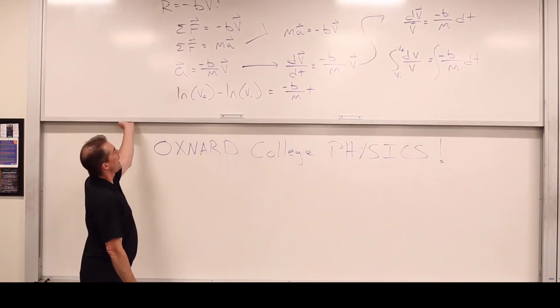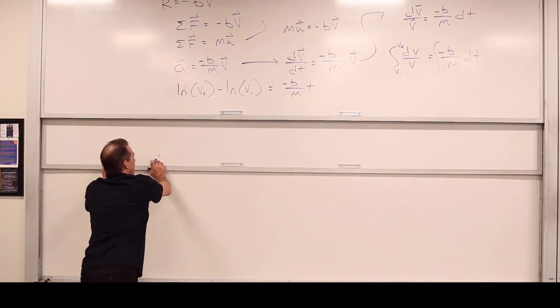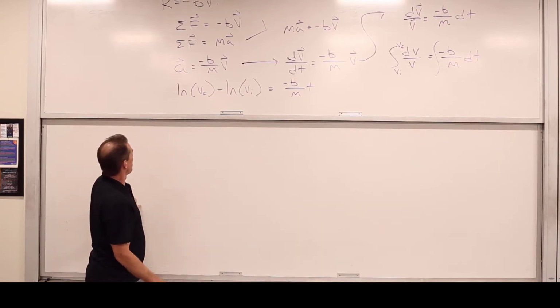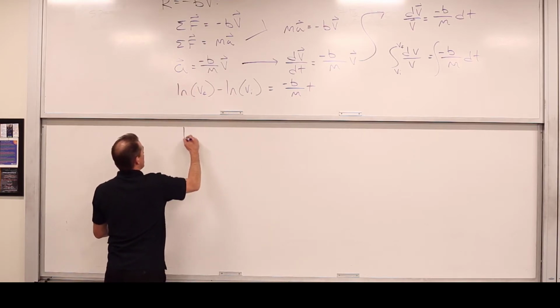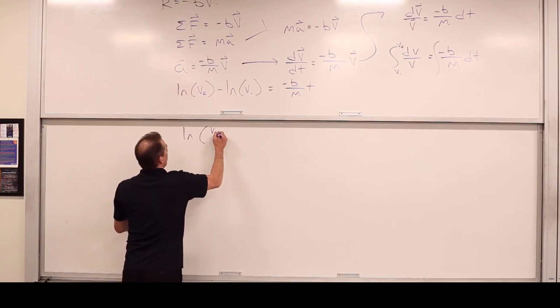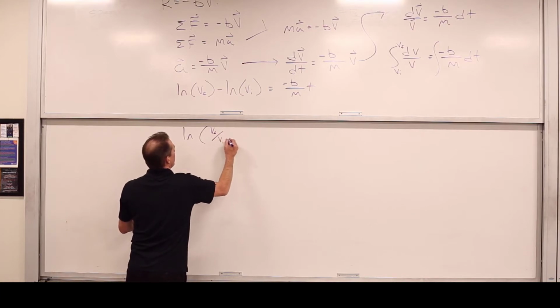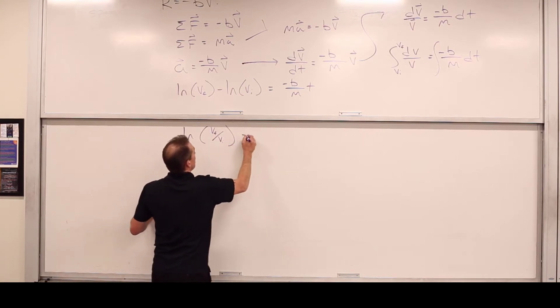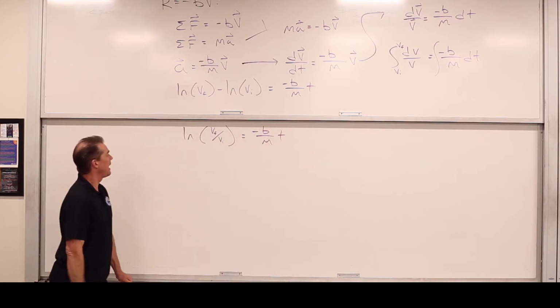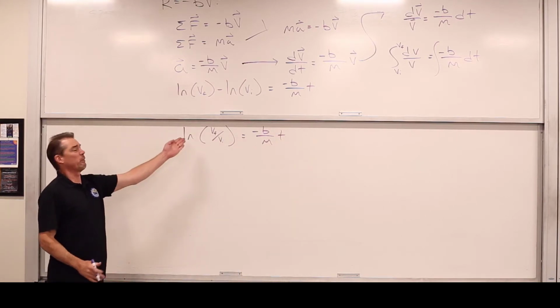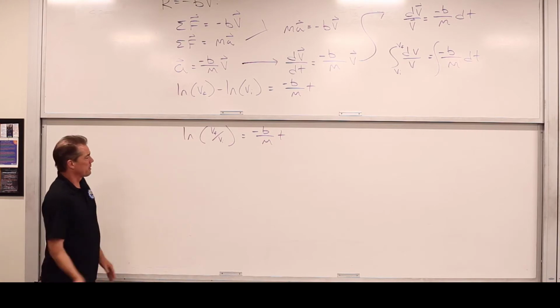Great. We've got ourselves a nice relation here. We can sum this up a little bit more. I can join those two ln's together and write this as the ln of v final divided by v initial is equal to negative b over m times t. And what do we want to get? We want to get what v final is in terms of everything else.